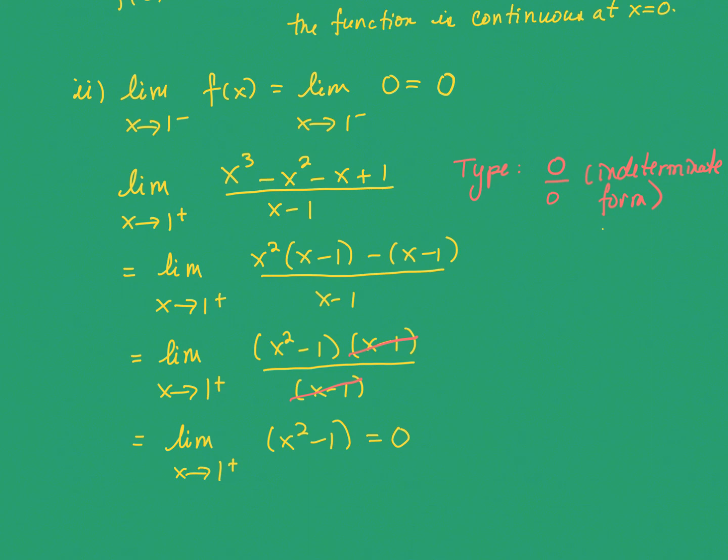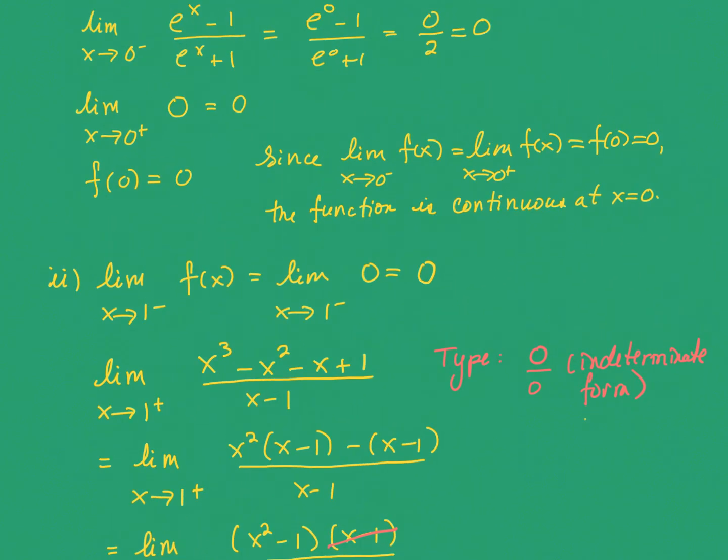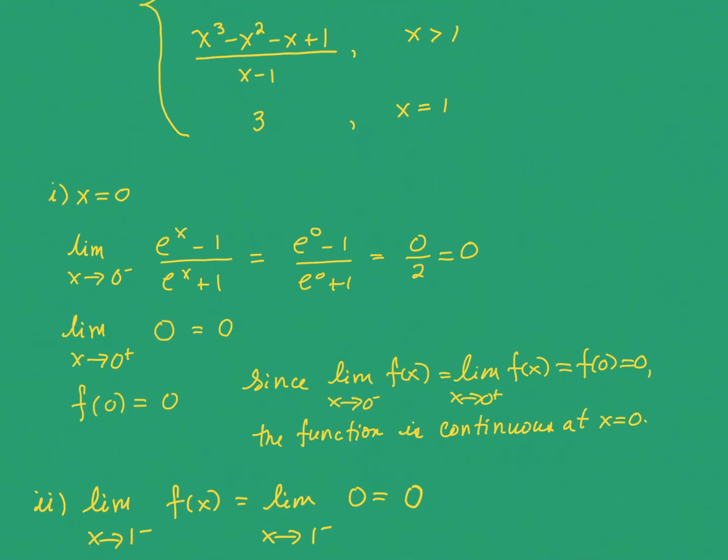The limit of the function has to equal the function value at the point. So let's go up and check what is the function value at the point x equals 1. And if we look, the function value at the point x equals 1 is actually 3. So f of 1 is 3, and that is not the same as the limit as x tends to 1. Therefore, this function actually is not continuous at x equals 1.